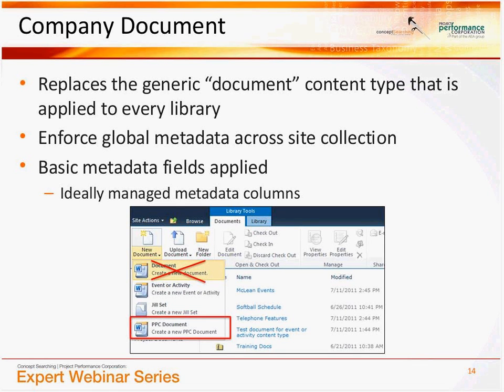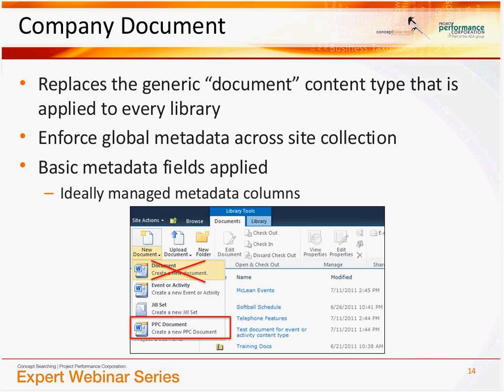It will help enforce metadata fields across the site. So if you want to make sure that all your content in SharePoint is getting tagged with the technical expertise, the department, and also maybe its file format type or something, you can replace the document content type with maybe your own company's content type.